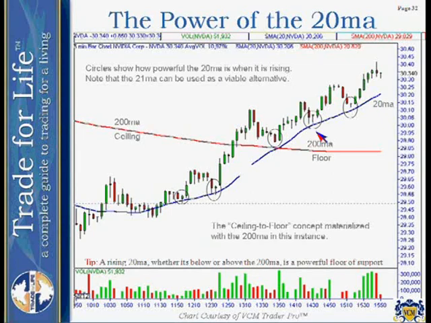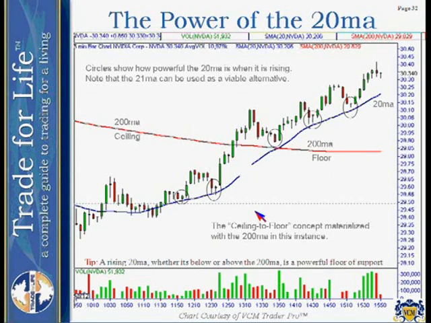So, anytime you get a trigger, what's a trigger? A 55 or 100% retracement event. If that trigger happens anywhere around a rising 8 or 20, it's better. Those are going to be your best entries.